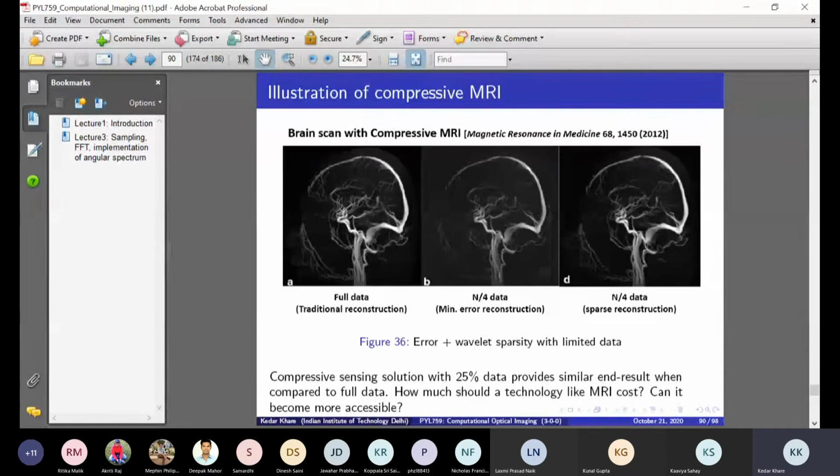But all I'm saying is, if we penalize it this way, you tell the algorithm that I want a high penalty for a signal which may have a large total variation. Or, for example, in this magnetic resonance work, I used basically wavelet domain sparsity, which to some extent is equivalent.